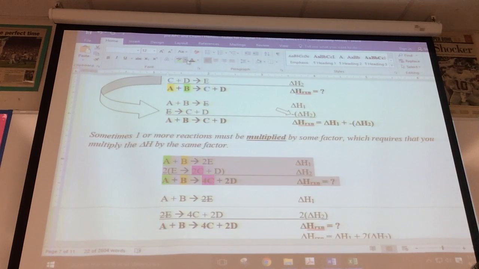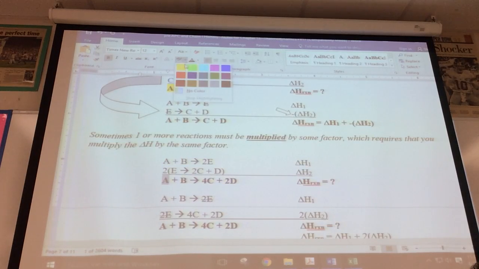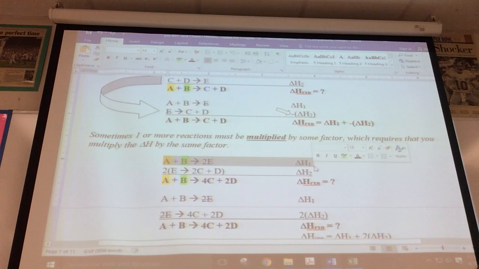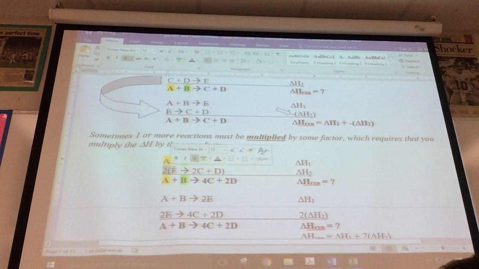So again, piece by piece, first reactant A, right here, strongly suggesting that the first equation as written is fine. Second reactant B, it's a reactant here, coefficient's the same. Reaction 1 looks fine. But now I see, and I added to this, sorry I didn't take it away before you guys.